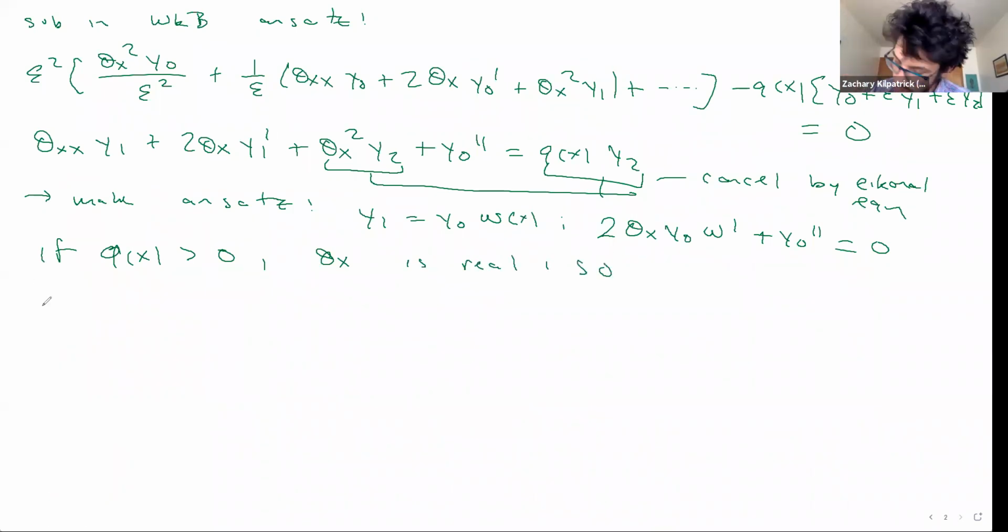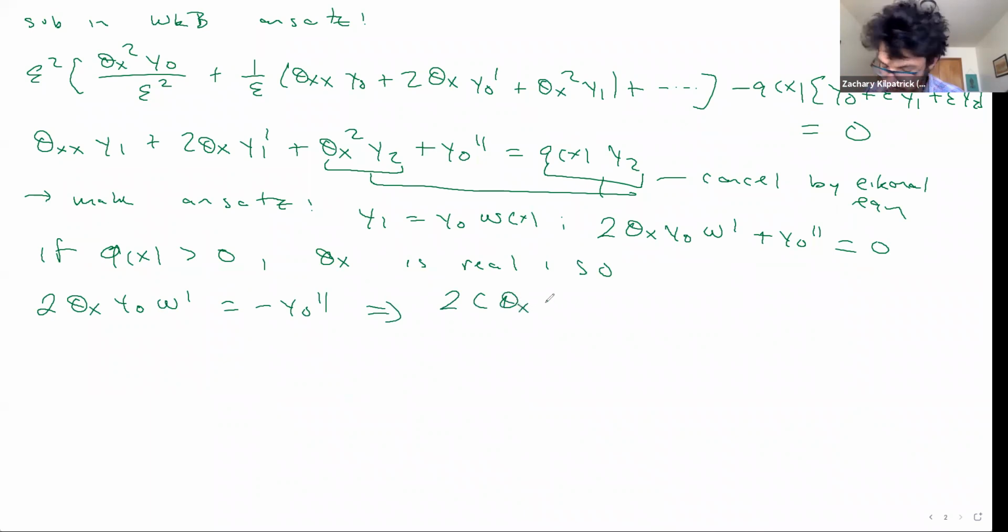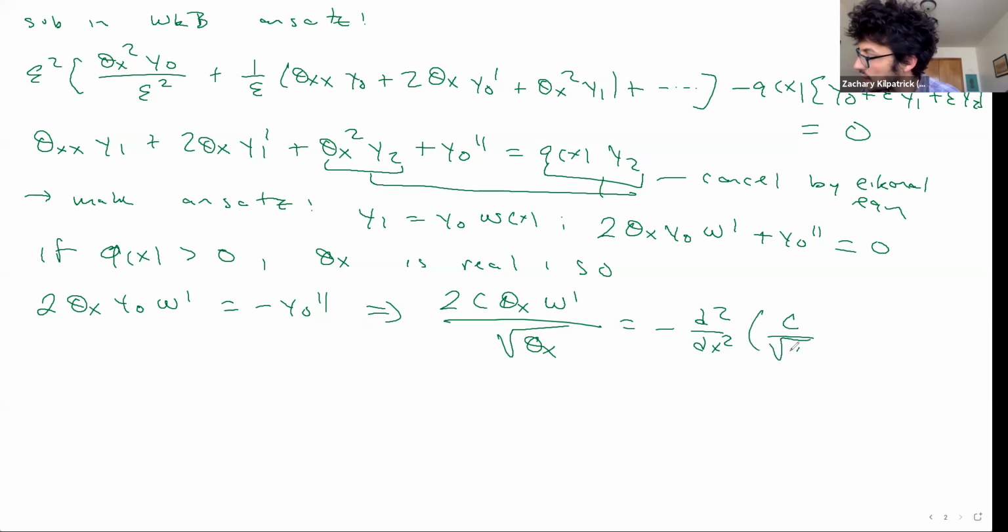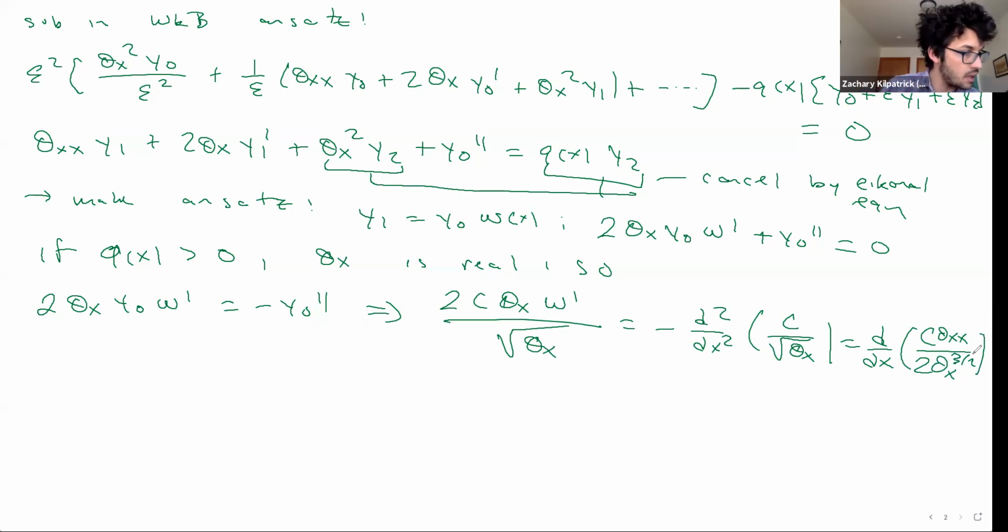So 2 theta sub x y0 w prime equals minus y0 double prime. We can write this as 2c theta sub x w prime over square root of theta sub x, using the solution that we have for y0, minus d2 dx squared of c over square root of theta sub x, which is equal to d dx of c theta sub xx over 2 theta x to the 3/2.